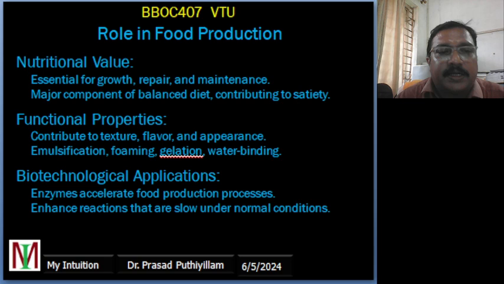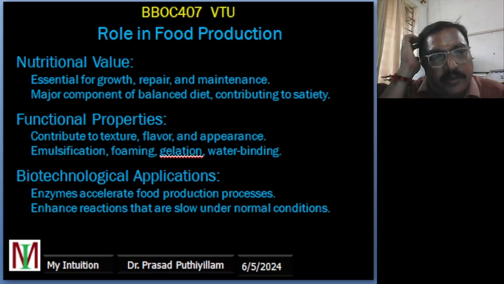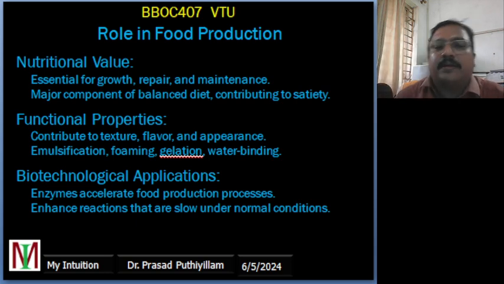Additionally, proteins are a major component of a balanced diet, contributing to muscle maintenance as well as strength. Functional properties mean they significantly give texture, flavor, and appearance to the food.